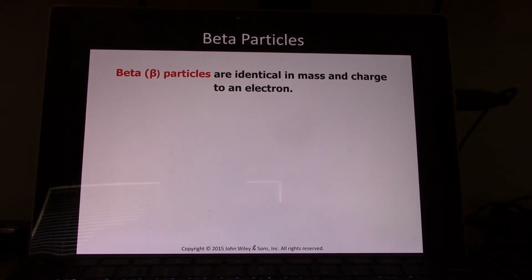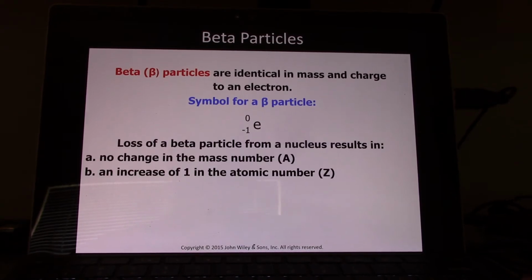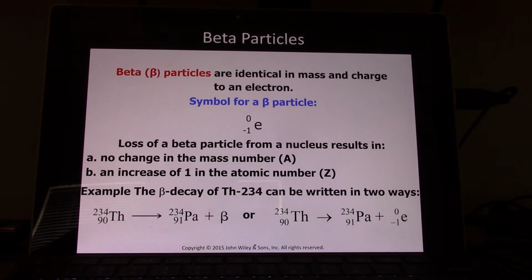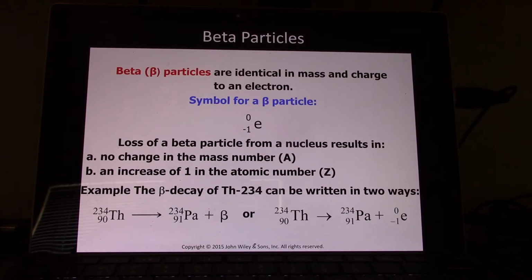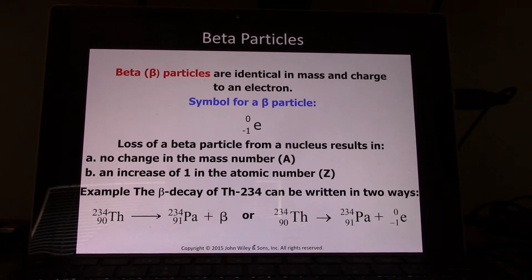Beta particles are identical in mass and charge to an electron, because they basically are an electron. They're just coming out of the nucleus, which is why they're called beta particles. And here we see beta decay of Th-238 can be written in 2 ways. This beta particle is basically an electron, but that electron is coming out of the nucleus.